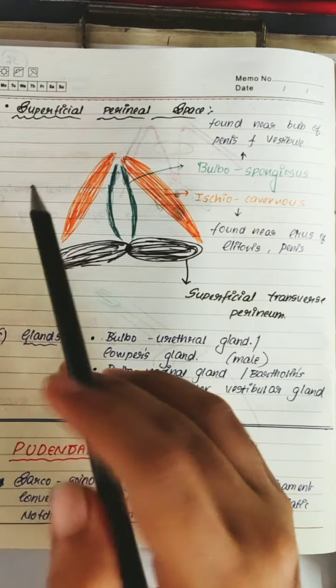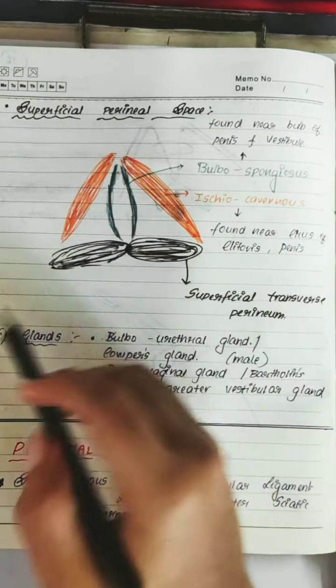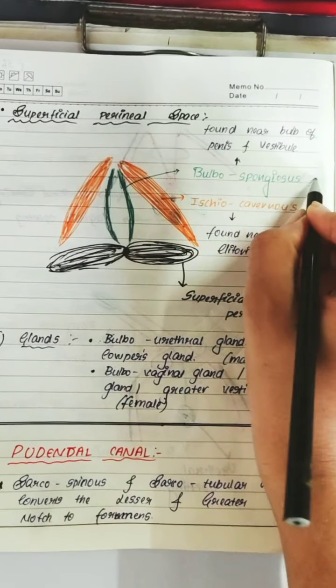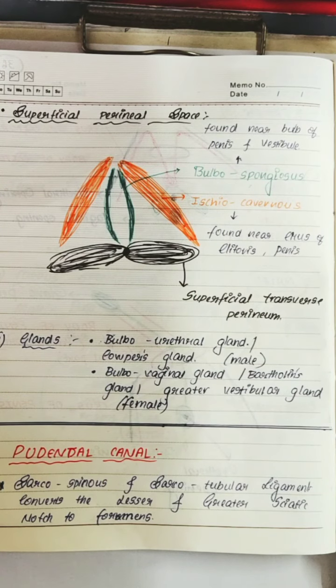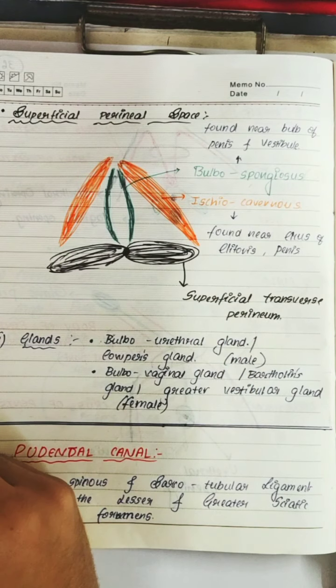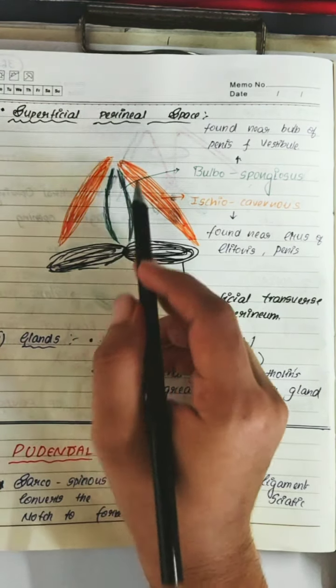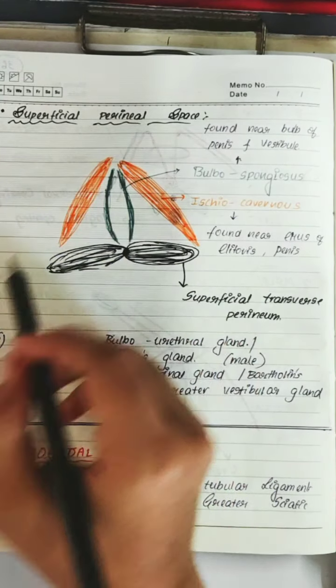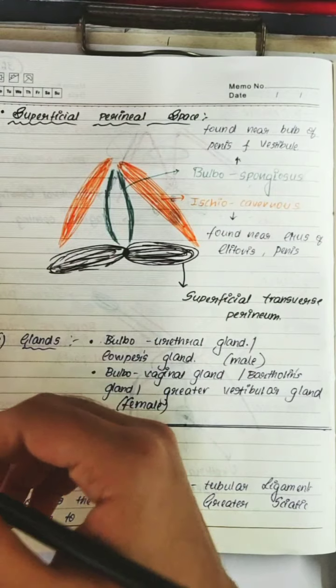So now if we see the structure of the superficial perineal space, you can see there are two bulbospongiosus muscles, and these are the two superficial transverse perineal muscles, and there is the orange two-colored ischiocavernosus structure. It looks like someone is doing a meditation. If you draw a face, it looks like someone is doing kind of meditation.